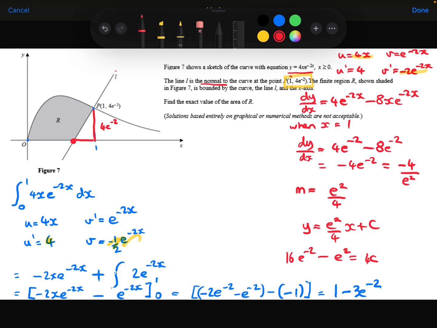And if I divide through by 4 actually, then that will give me my c. So I have now got my full equation of the normal.